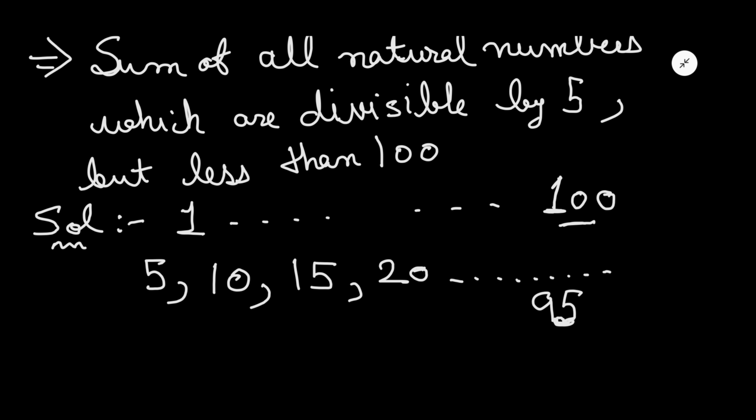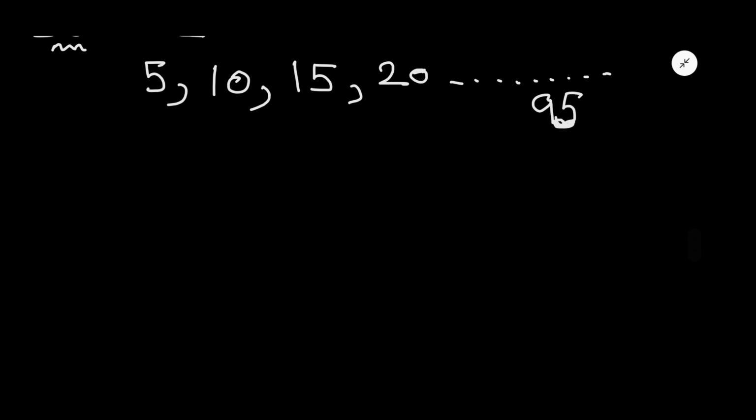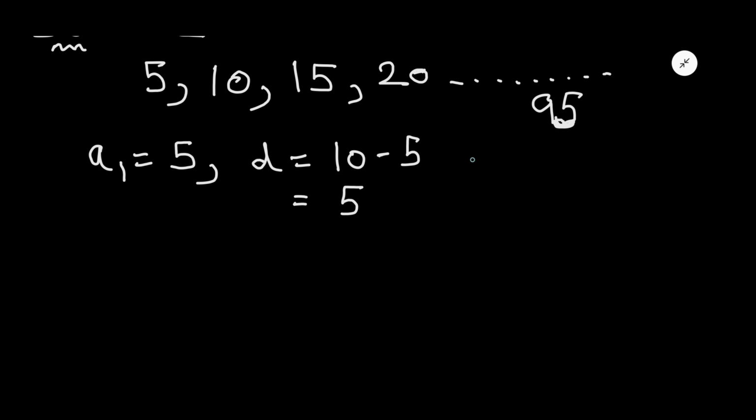So we find our last term, which is 95. Here our first term is equal to 5. The common difference is 10 minus 5, which is also 5. Our last term, or the nth term, is equal to 95.